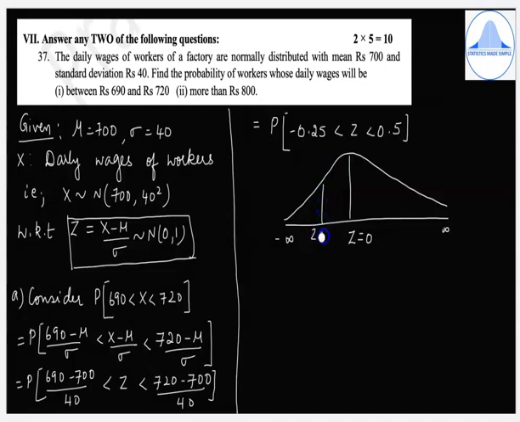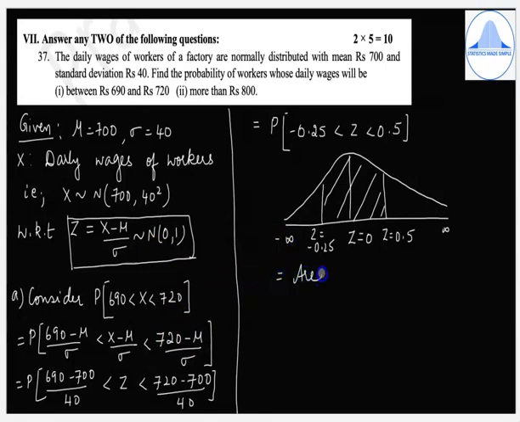So Z is equal to minus 0.25. Then 0.5 is positive, so mark it on the right tail. And as Z lies between these two values, you have to shade only between minus 0.25 and 0.5.